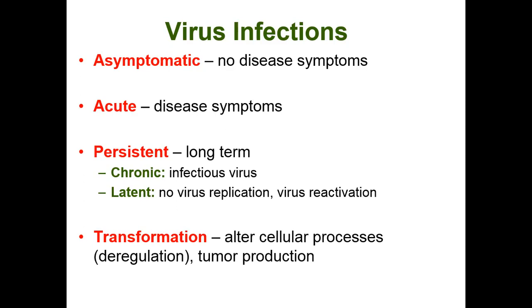Chronic infection is where we have an infectious virus, but we do not continuously see the clinical signs and symptoms of the disease. It's chronically there. Whereas latent is where we do not have any active virus replication going on.